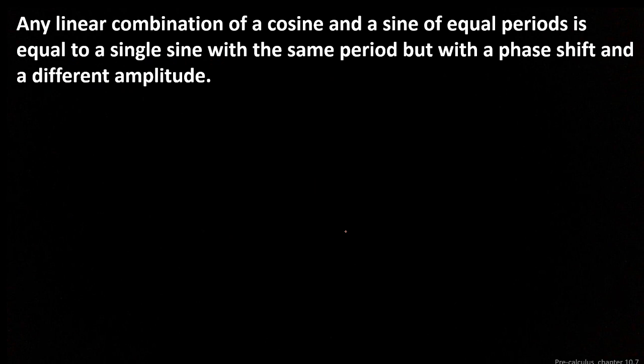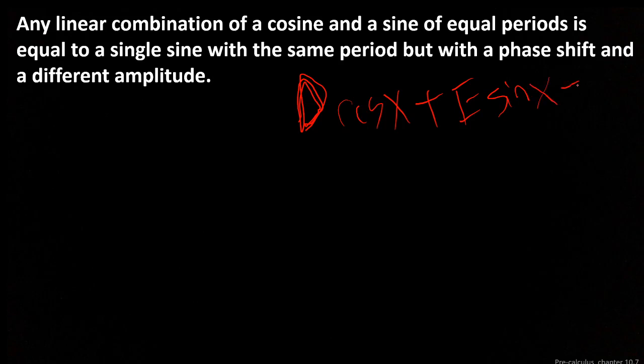All right, now the last one we want to talk about is the one that is actually tricky. If you have like some number times cosine plus some other number times sine equals to some number, this is called a linear combination of sine and cosine together. This shows up in application problems a lot.